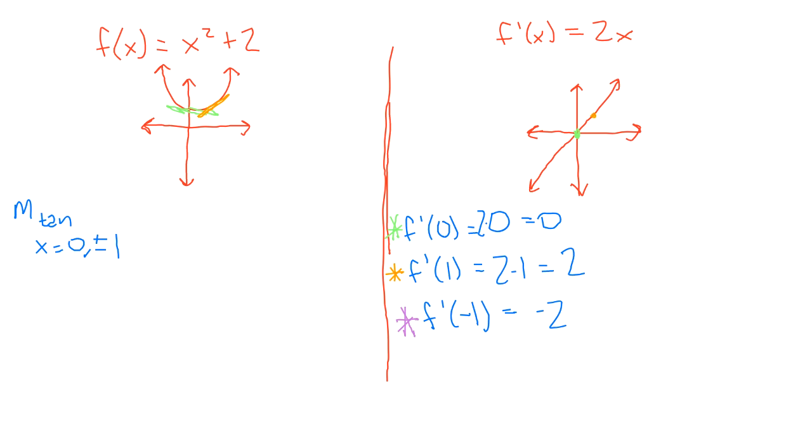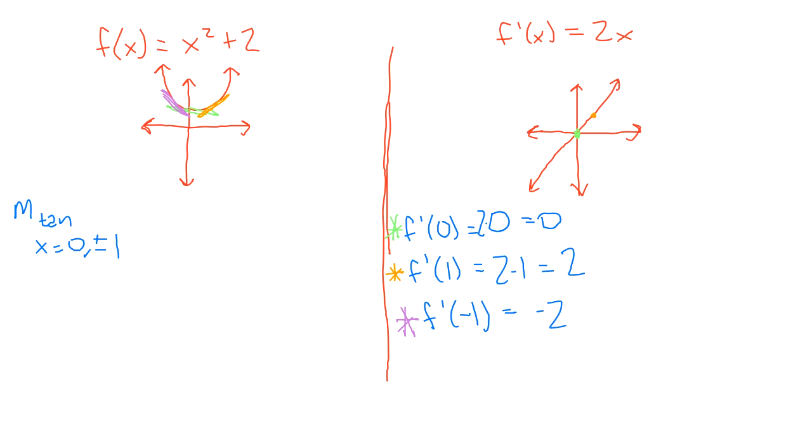Now let's look at f prime of negative 1. You can see once again it's a similar slope, just not super steep, not super shallow. We can also see that it's pretty much the same scale, just with a different sign than our other one.